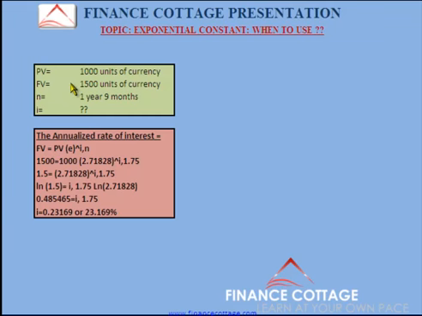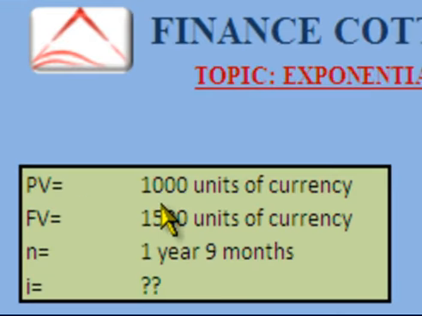For example, the present value is 1000 and the future value is 1500, and the duration is 1 year 9 months, and we want to know the annualized rate of interest at which if we deposit $1000 for 1 year 9 months, they would become $1500.